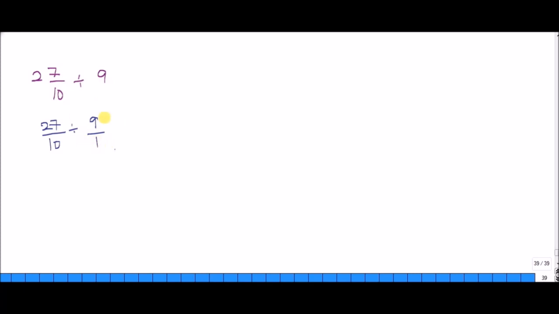Now we're going to find the reciprocal of the 9 over 1. So it would be 27 over 10 multiplied by 1 over 9. Let's go now. 9 into itself one time, and 9 into 27 goes 3 times. We say 3 times 1 would be 3, over 10 times 1, 10. Our answer would be 3/10.